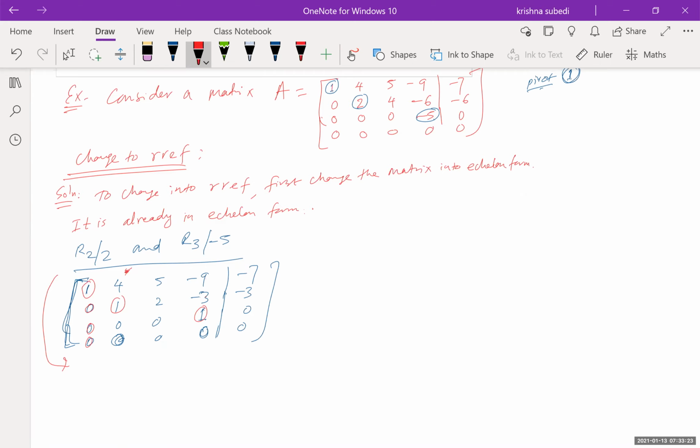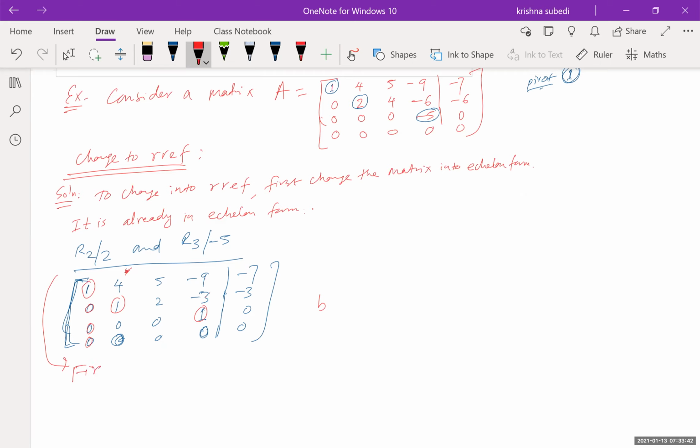But once you change it into echelon form, now you have to do the backward method. So that means first you may want to try to make this -3 0.